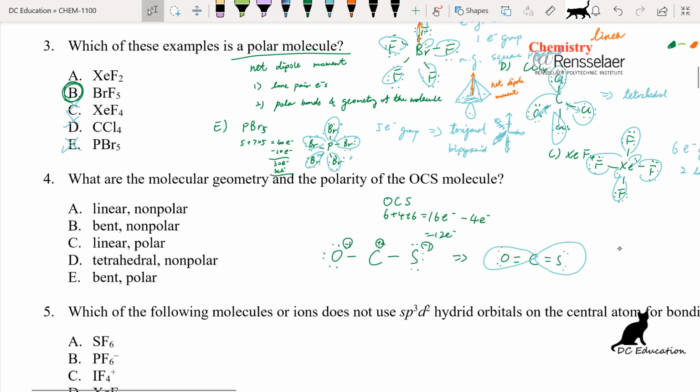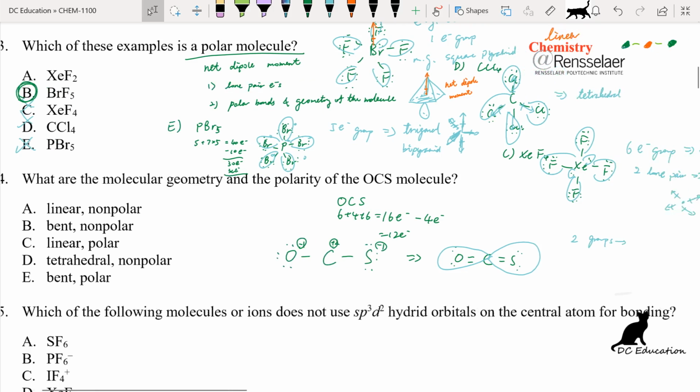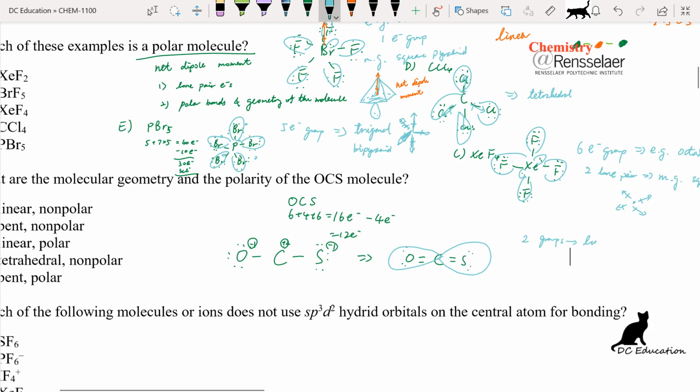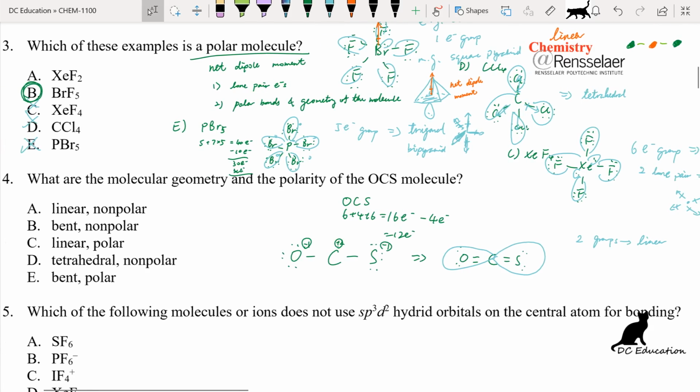So there are 2 groups around the central atom, which leads to a linear shape. And there are no lone pair electrons on the central atom either.